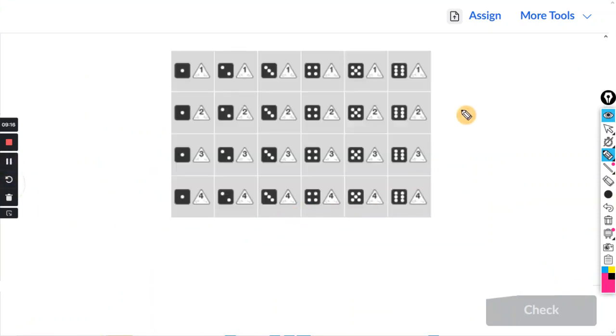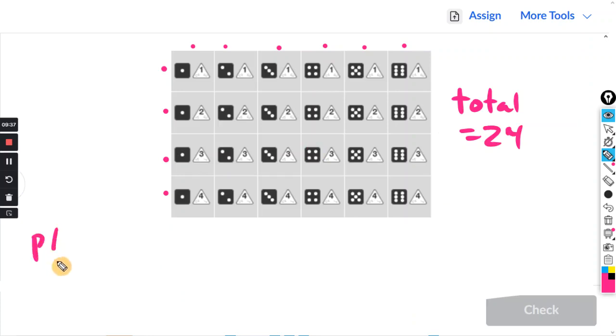Let's get a total first. All right, we need a total. We have 1, 2, 3, 4, 5, 6, and vertically 1, 2, 3, 4. 6 times 4 is 24. Now, the first one is the probability of getting a 5.